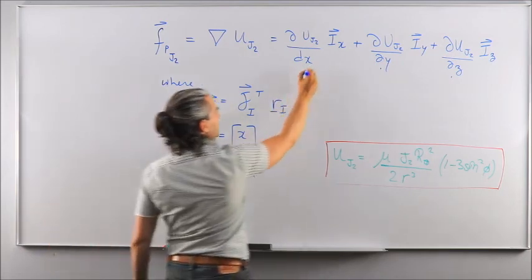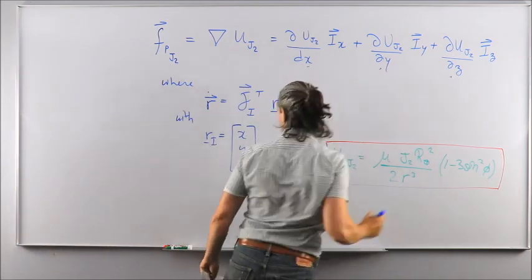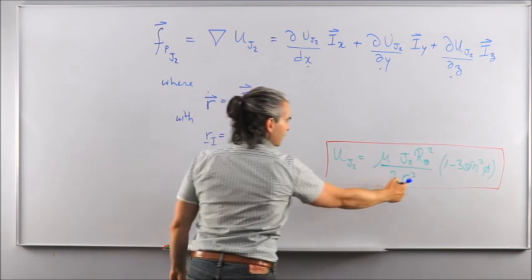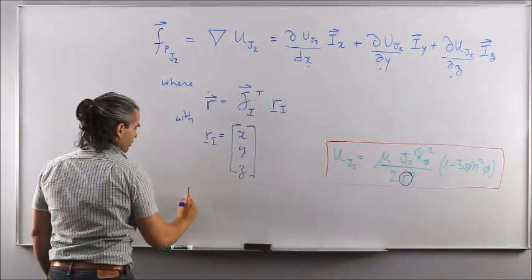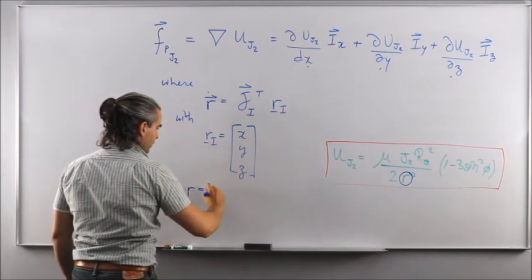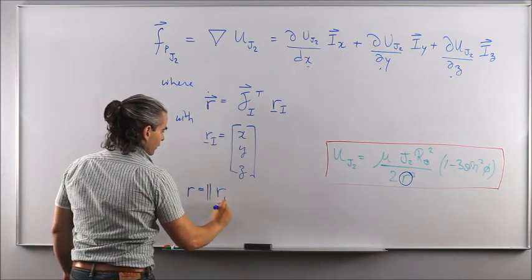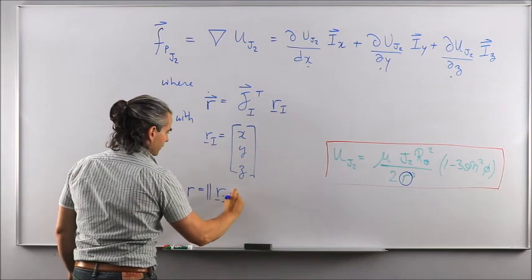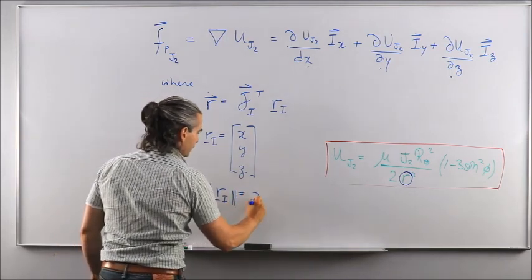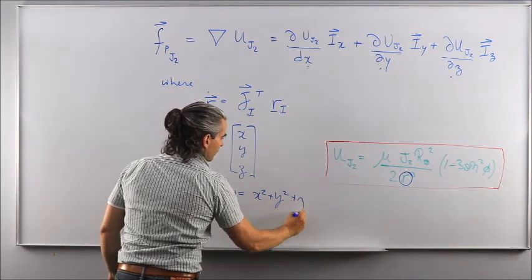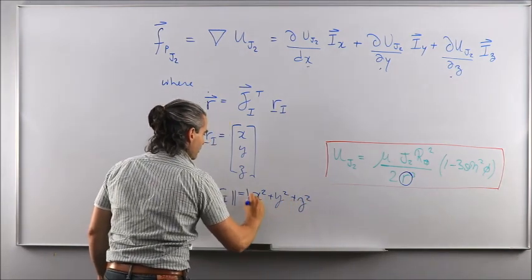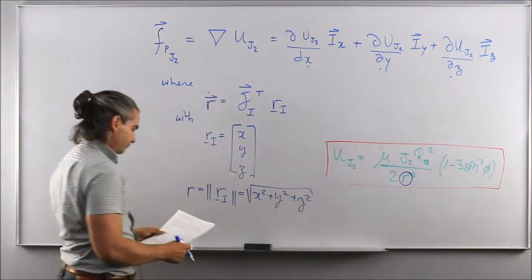So this is what these variables refer to, such that my r scalar is just the Euclidean norm of this column matrix, or alternatively, x squared plus y squared plus z squared, and square root of all of that.